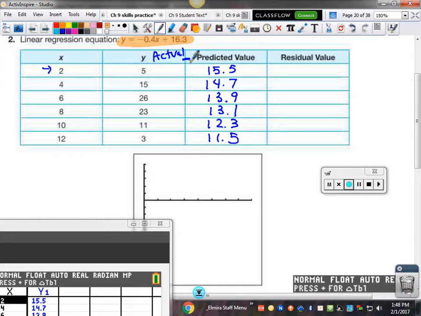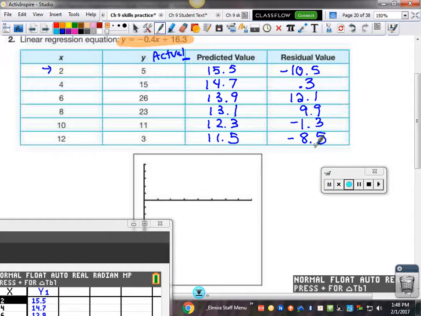So 5 minus 15.5 is negative 10.5. 15 minus 14.7 is 0.3. 26 minus 13.9 is 12.1. 23 minus 13.1 is 9.9. 11 minus 12.3 is negative 1.3. And 3 minus 11.5 is negative 8.5. So like I said, some will be positive, some will be negative.